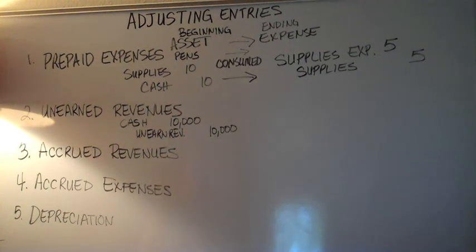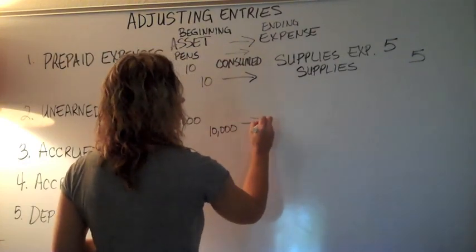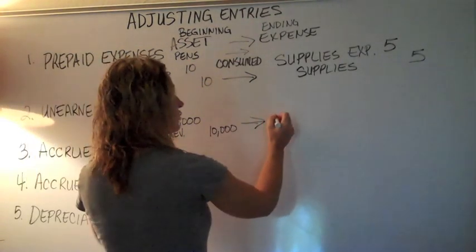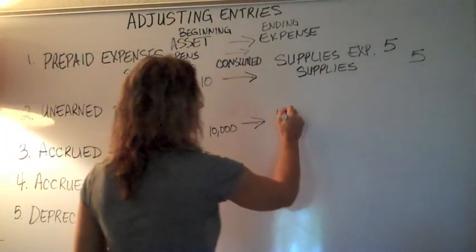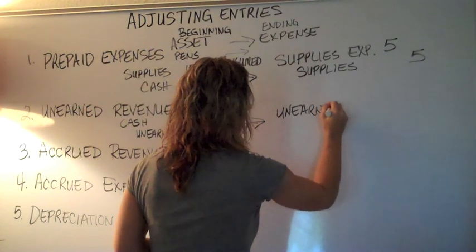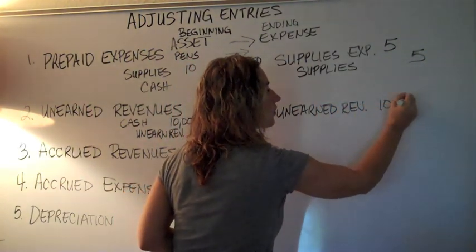Once you've started completing that, at some point along the way, you've earned that $10,000. The adjusting entry would be to debit or reverse the unearned revenue account. Let's go ahead and use the whole $10,000.